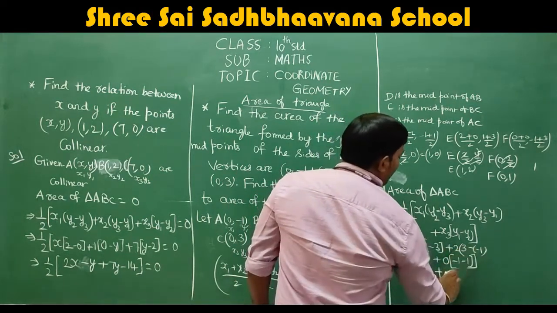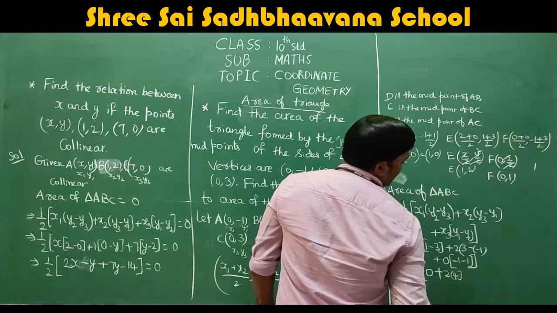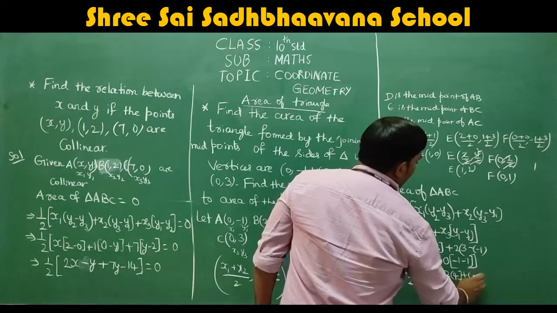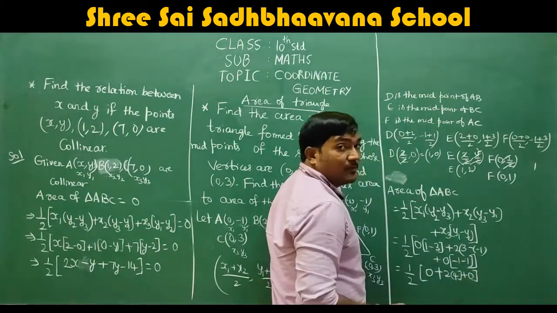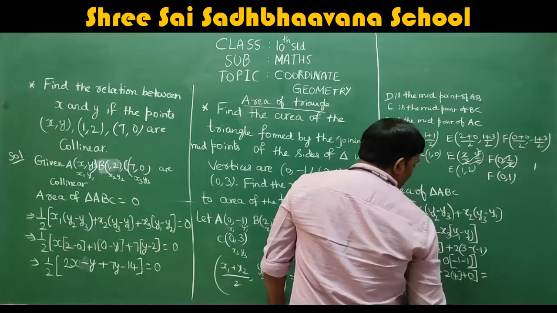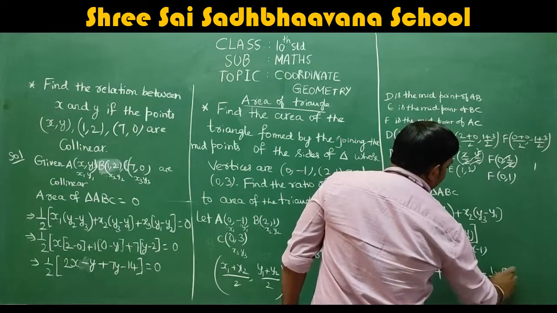Next, 2 into 3 minus of minus 1, which is plus 1, so 3 plus 1 is 4. Again 0 into minus 2, which is 0. So half into 4 into 2, which is 8 by 2.